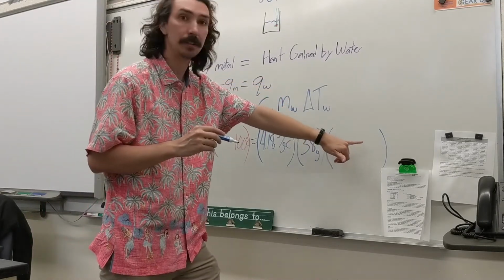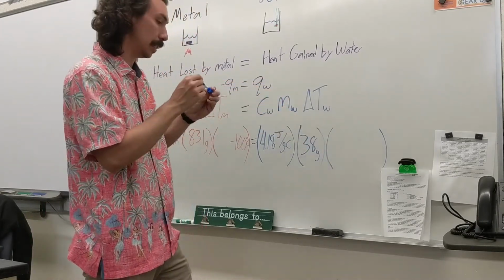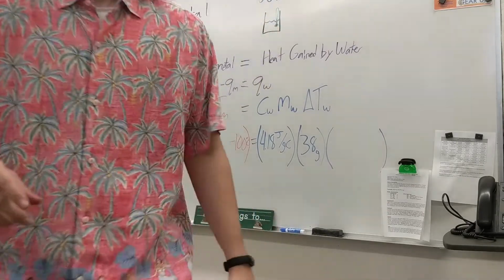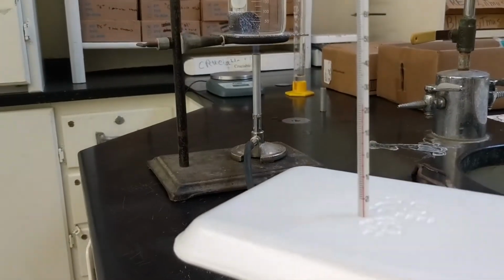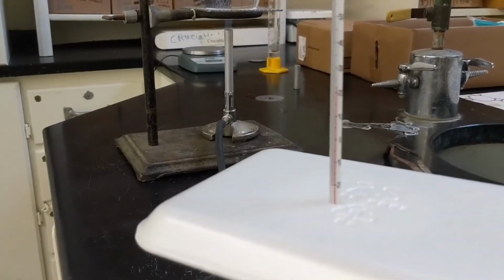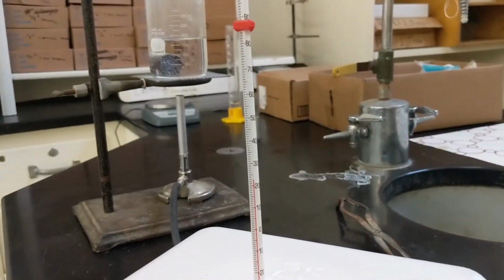So our initial, and we can go take a look at that right now. The last one was 22. Maybe it was between 21 and 22. We put 22. Let's take a good look at this one. Looks like it's at 23.